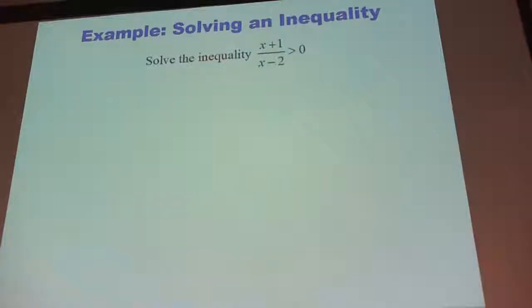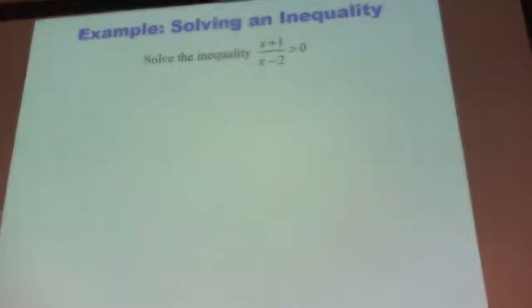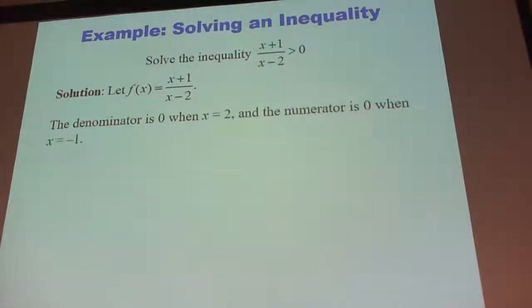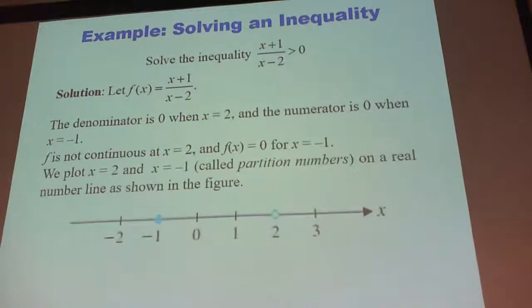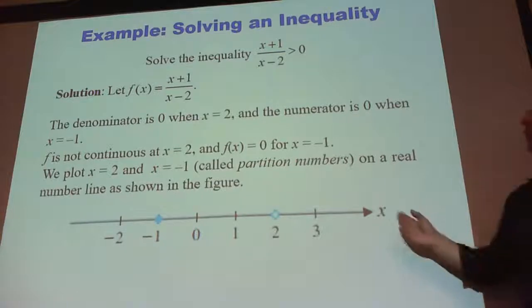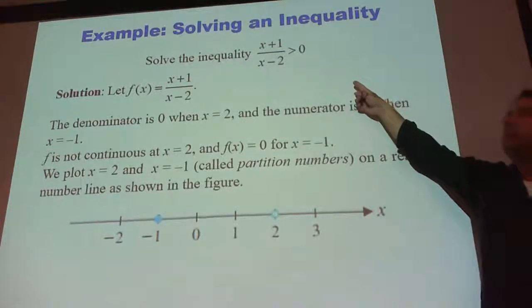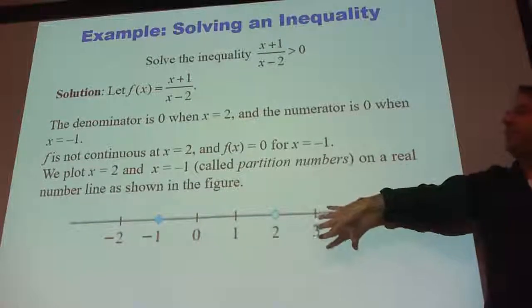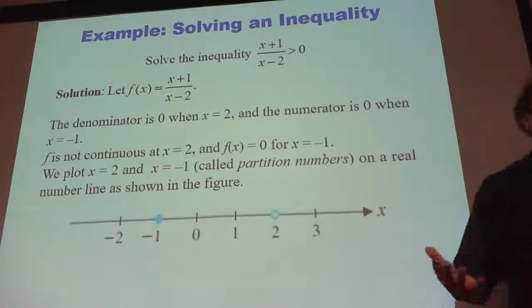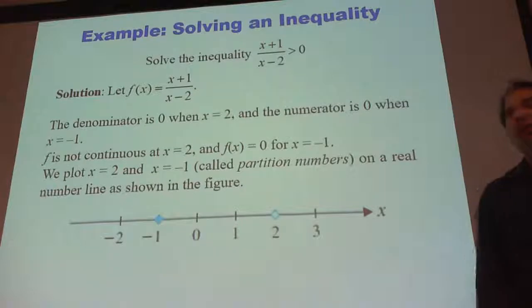Those two are important numbers. So we can make a number line to find out when this is true. Again, you can solve this like you did in algebra. This is just giving you the idea of a sign chart. It may or may not be useful to you, but it's something they want to explore.